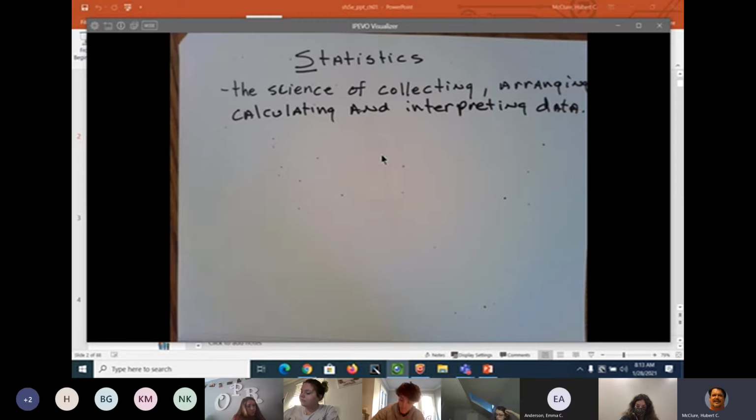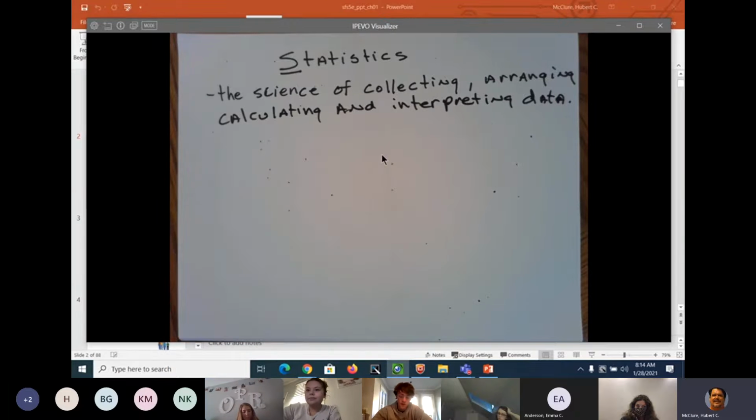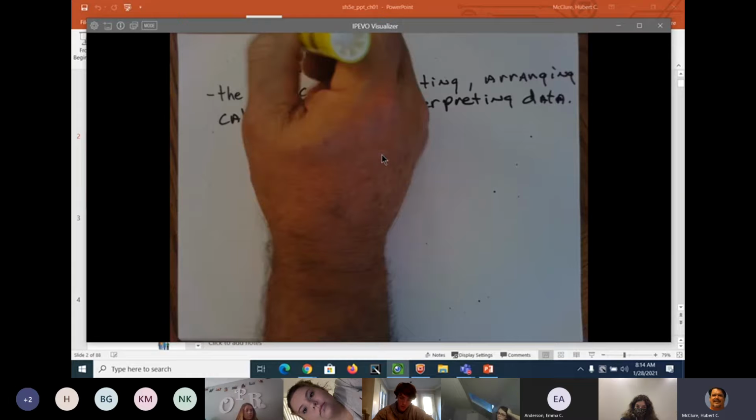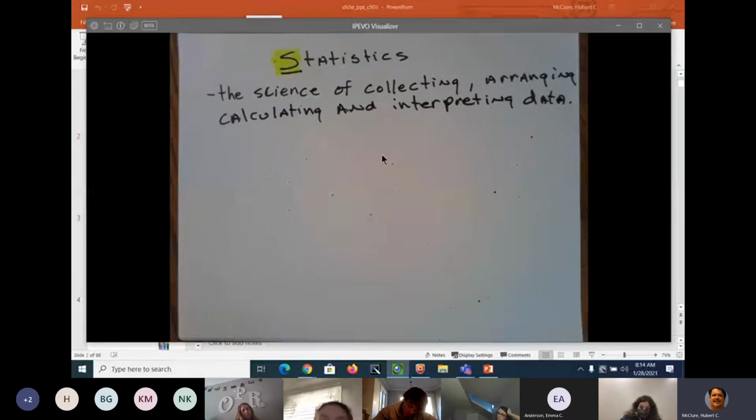Okay, that is the definition of statistics. The science of collecting, arranging, calculating, and interpreting data. That's capital S, statistics. So I take my handy dandy yellow highlighter and I'm just going to highlight that S, because that's capital.